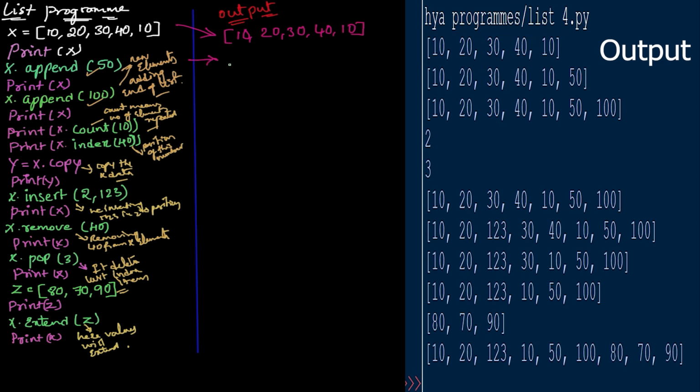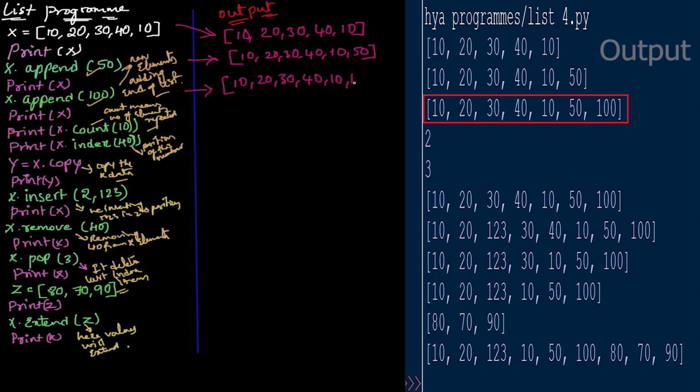See the output. x value is 10, 20, 30, 40, 10. Next, 50 is added. Next, 100 is added. Next, count. Here it is asking for tens.